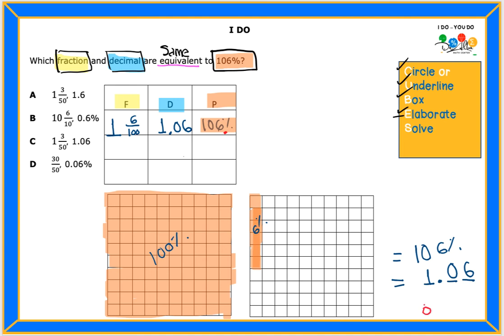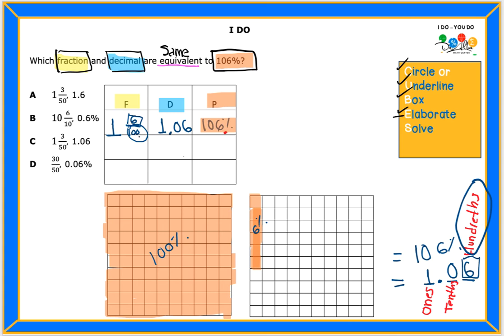This is the place value for the ones. Behind the point, we have the place value for the tenths. And behind the tenths, we have the place value for the hundredths. There. So now you see how everything matches. This hundredths here is the same as these hundredths here. See? And then this 6 right here is this 6 in here. So basically the place value where you land, that's going to be your denominator.